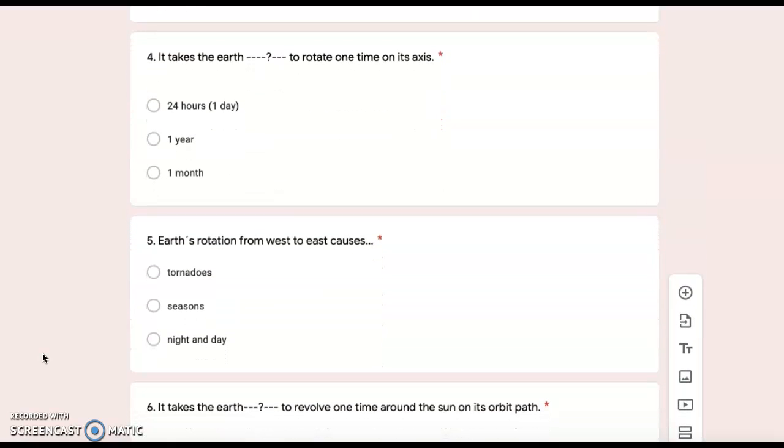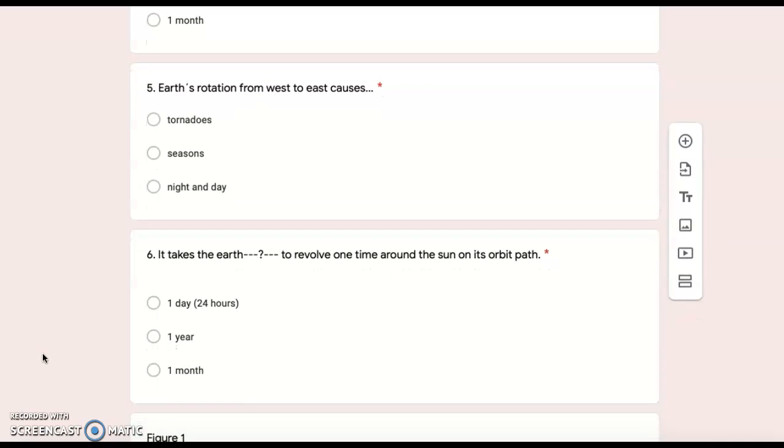Number 4. It takes the Earth blank to rotate one time on its axis. 24 hours or 1 day, 1 year, or 1 month. Number 5.